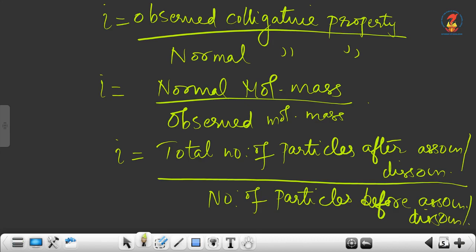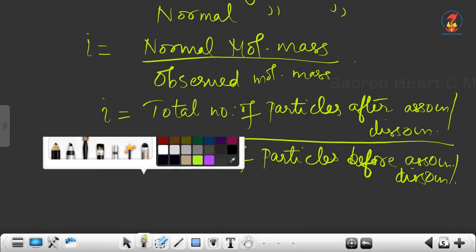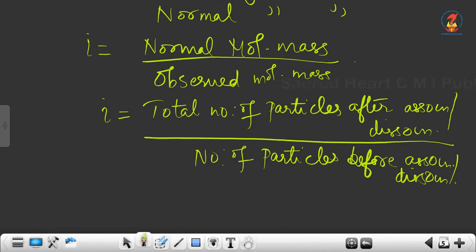So, these are the three different expressions to find the Vanhof factor i. Now, for the last one, I will give an example.